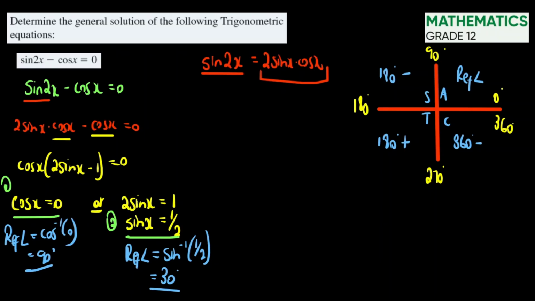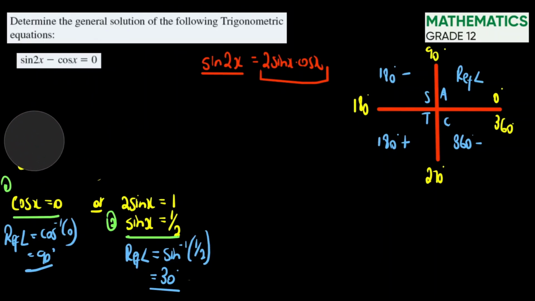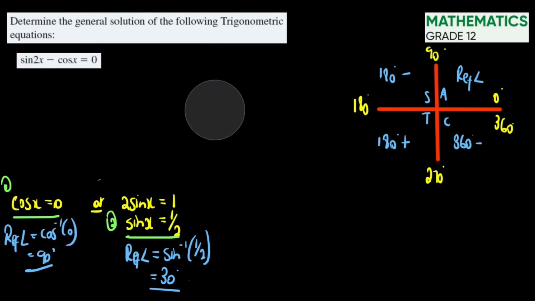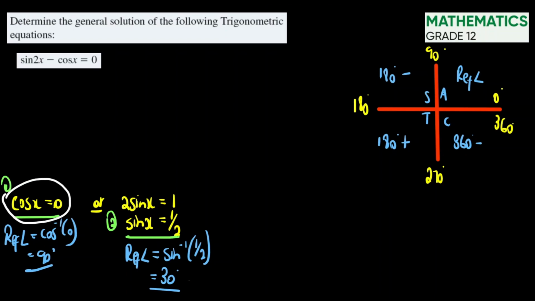So it comes to a crucial step now where we have to identify our quadrants. I'll start with the cos so as to not confuse things. We said cos of x is equal to 0, and that simply implies that it is positive. It means we're looking for quadrants where cos is positive, which is quadrant 1 and quadrant 4.